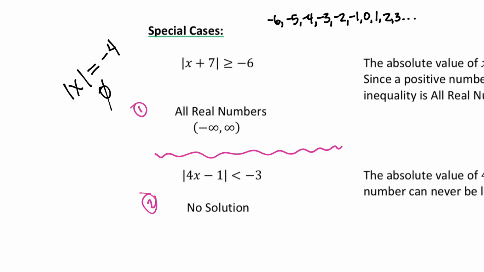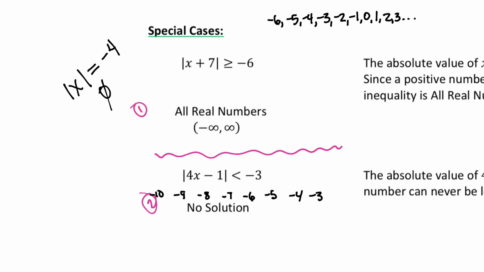Okay? The bottom one, we want all of these values, absolute value is less than, or the distance from 0, right? We want that distance to be less than negative 3. Okay, so here's negative 3, less than negative 3. The negatives keep getting bigger, and they are never going to turn positive.